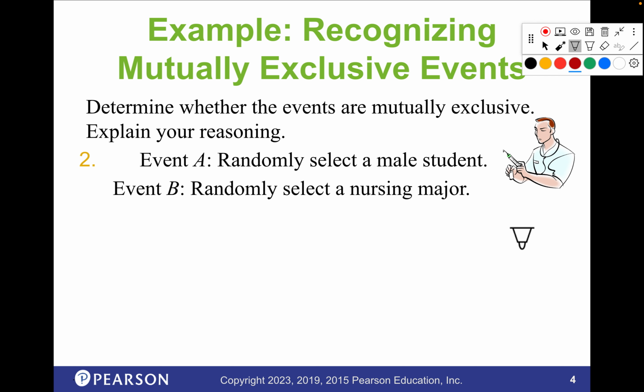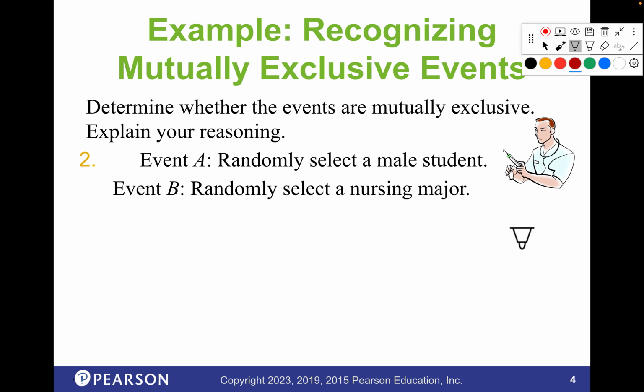How about these? Are the events mutually exclusive? Event A is randomly selecting a male student, and event B is randomly selecting a nursing major. Why not? Very good. So we could select that person, and they're both.